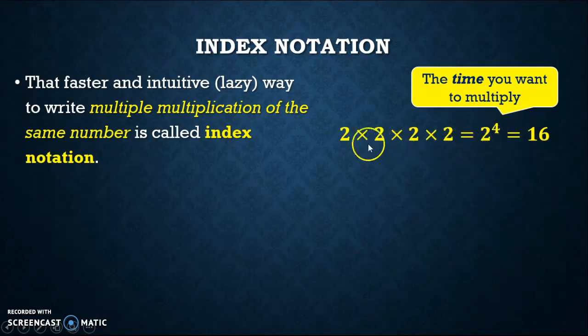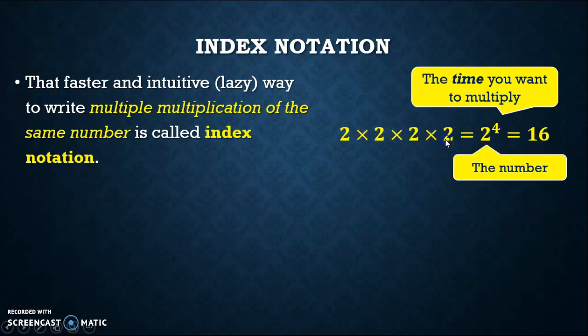So 2 is the number we want to multiply, and the 4 in the upper right corner means the number of times we multiply it. These two expressions equal the same value. This 2 with a superscript 4 is what we call the index notation.